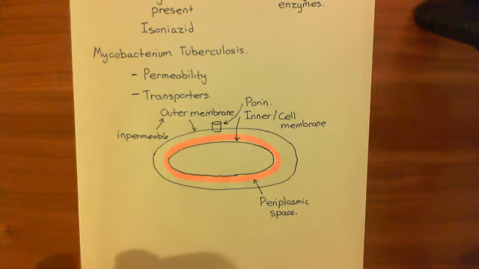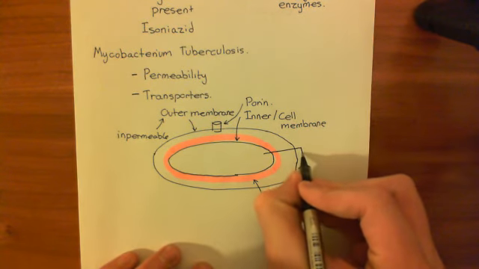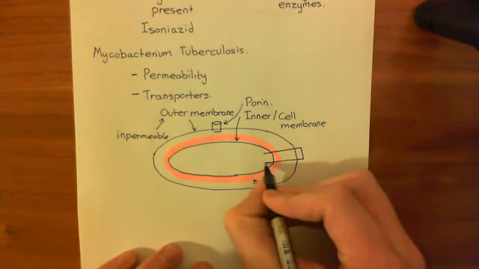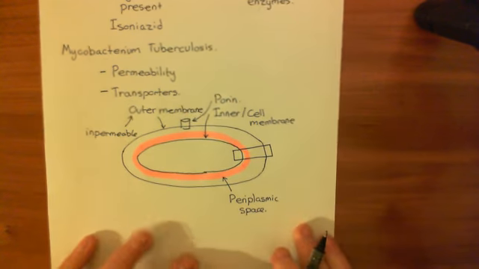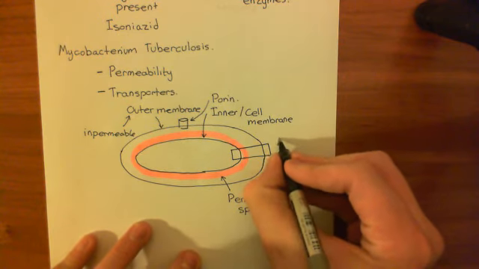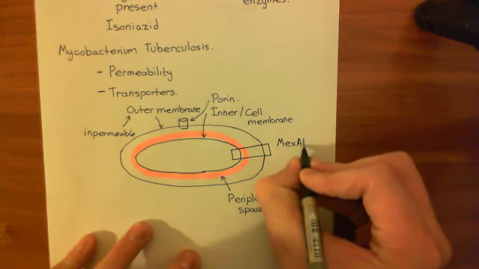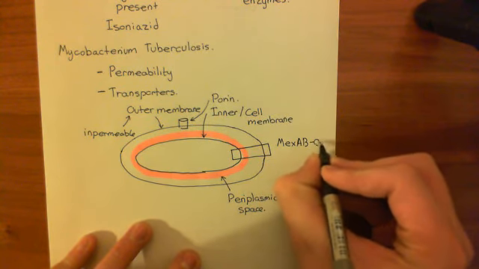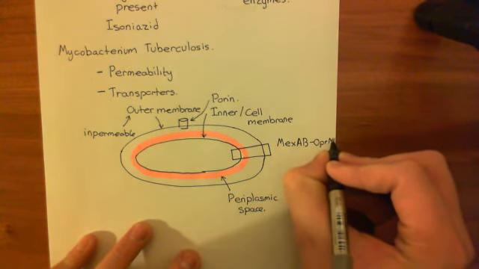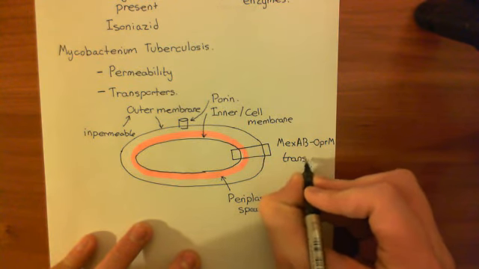Okay, so the outer membrane is very impermeable, and that just means that the drugs can't get into the bacterium. In addition, it has a massive great transporter which spans both membranes, the inner membrane and the outer membrane. This transporter is known as the MexAB-OprM transporter. This is an example of an RND transporter.